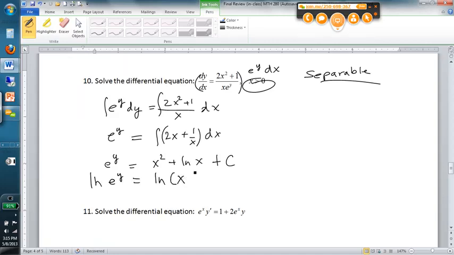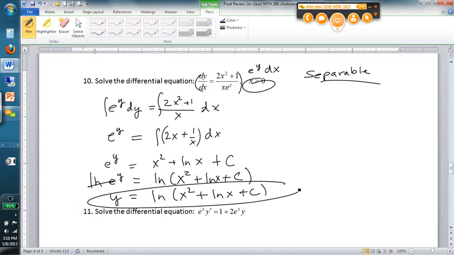Because won't that cancel out the e base? Yeah, ln of e to the y is just y. So there you go. That's the answer. Yep. That is your answer.